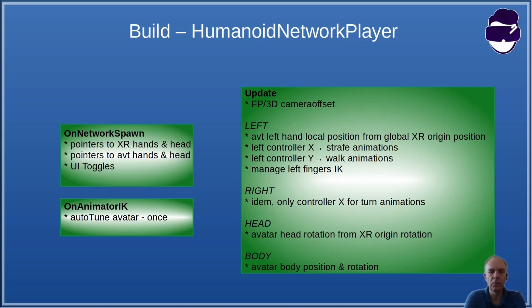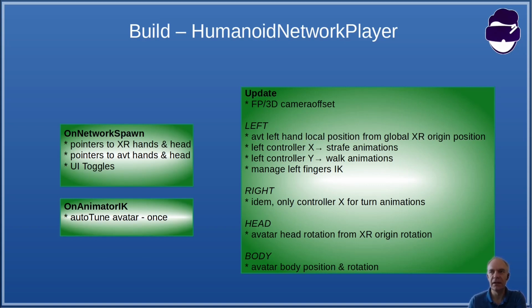Those will only run once. OnNetworkSpawn replaces the start function, to make sure that we only launch the avatar when it's actually available on the network. In that function, we want to create all the pointers to the XR origin, and also the pointers to the avatar hands. In the update function, we can use those and we don't need to lose precious CPU cycles on that.